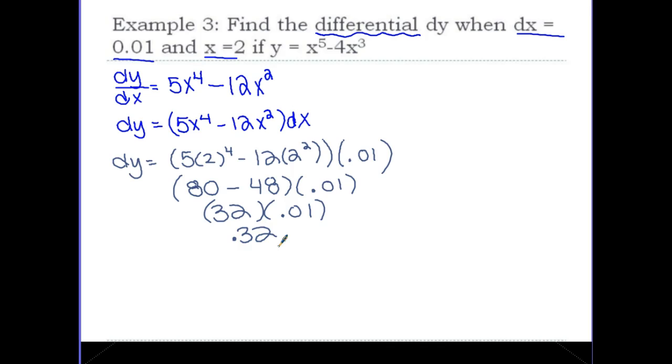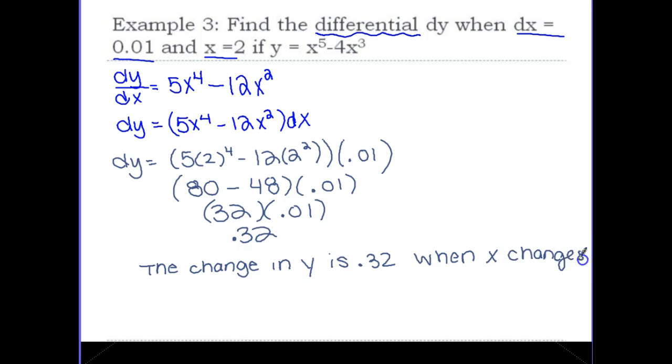Yes. However, instead of saying x equals 2 and dx equals 0.01, what does that really mean? What that means is the change in y is 0.32 when x changes from 2 to 2.01.